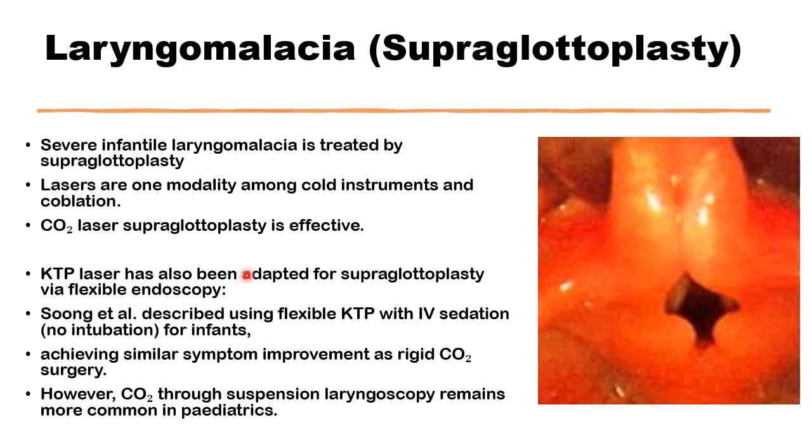There is also the alternative of using KTP lasers, and there are reports that this has been used with only IV sedation in children with results similar to the carbon dioxide laser. However, the suspension laryngoscopy and carbon dioxide laser remains the common way of treating this pediatric condition.